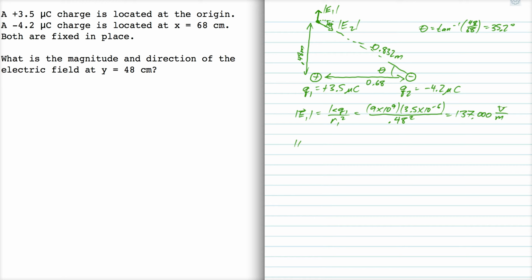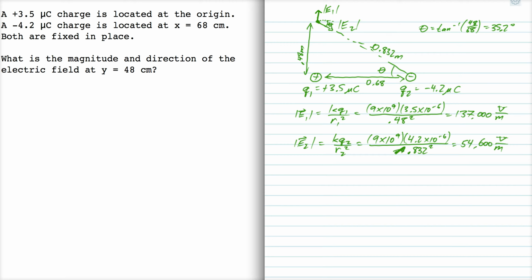And then E2, and I'm just finding the magnitude here, so I'm just going to use a positive value for the charge. Oops, this should be 0.832, shouldn't it? That works out to be 54,600 volts per meter. Okay, so I've got the magnitude and direction for the two vectors I need to combine.